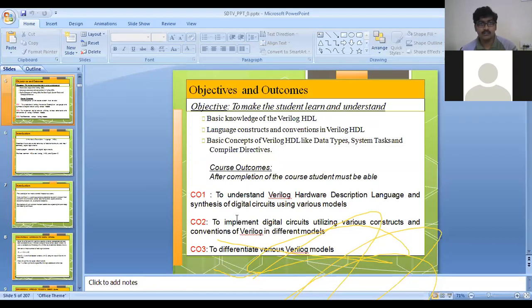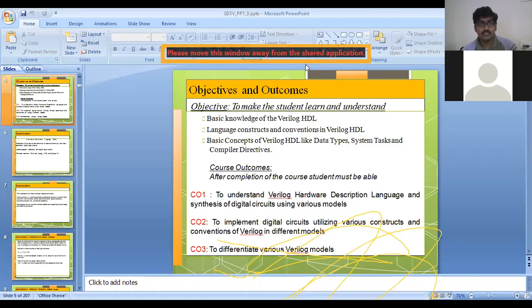So first we'll have the objectives, and at the end we'll see the course outcomes. The main objective of the subject is to make the students learn and understand the basic knowledge of Verilog HDL.